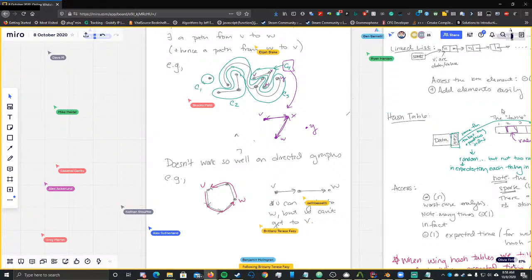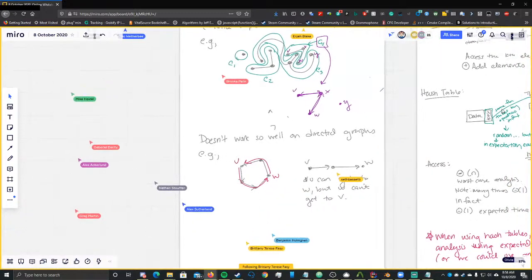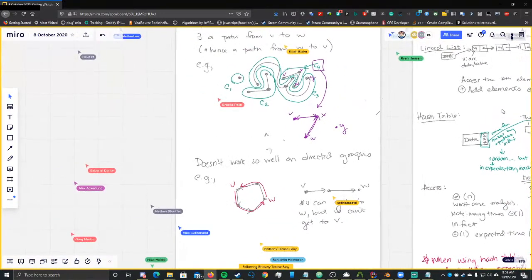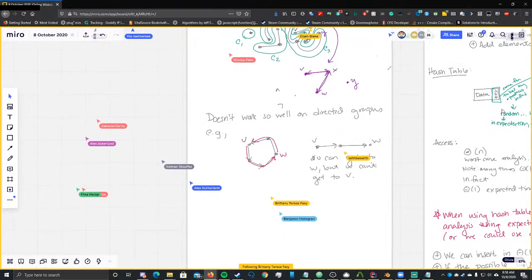Okay, so this partition is not exactly well defined then. So we make another definition.